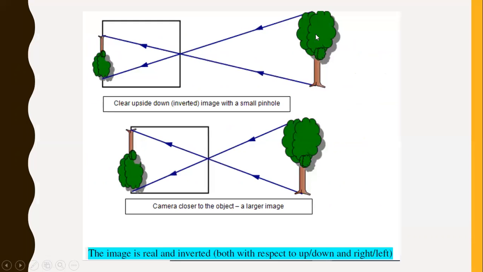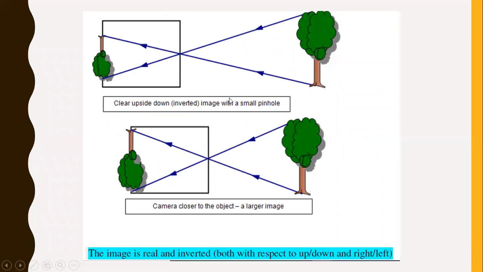You can see like this, that the rays of light falling on the top of the tree are going in a straight line, so the point will be formed here, and the bottom will also go in a straight line, so it will be formed here. So this is the hole from where the object is seen from the other side of the pinhole camera, right? यही तो pin है हमारा, यही तो pin hole है हमारा, right? So you can see the image upside down because of this reason, because light always travels in a straight line.